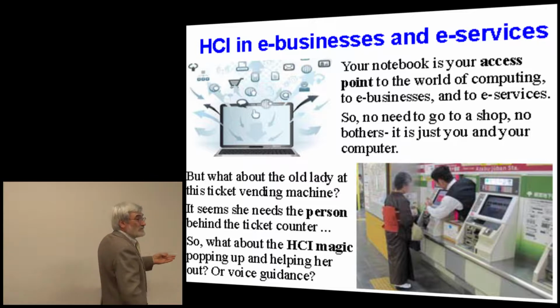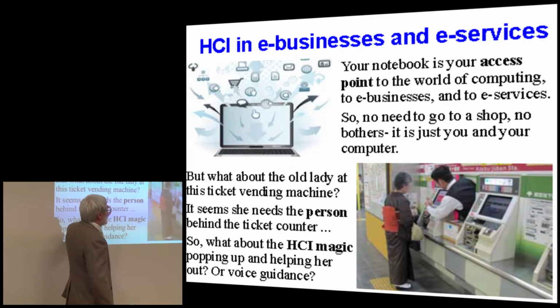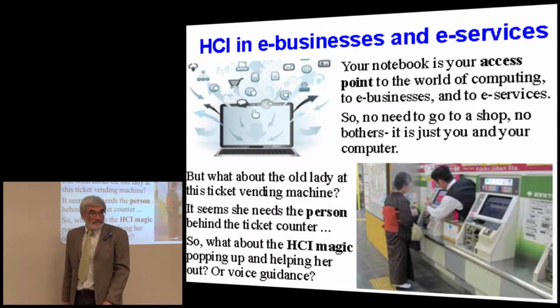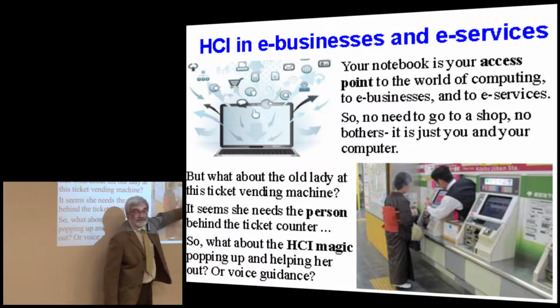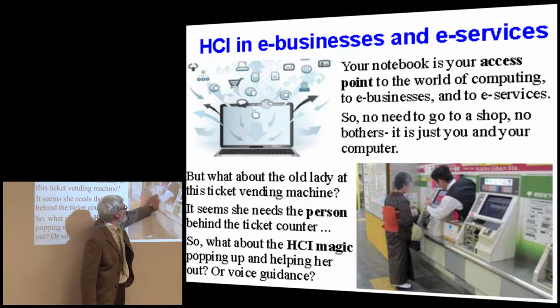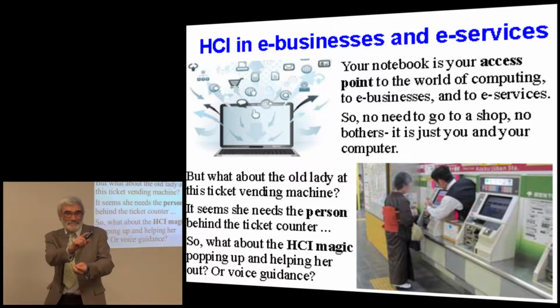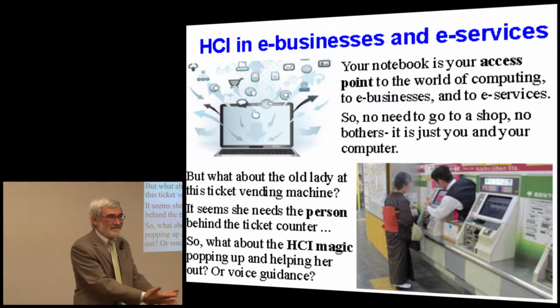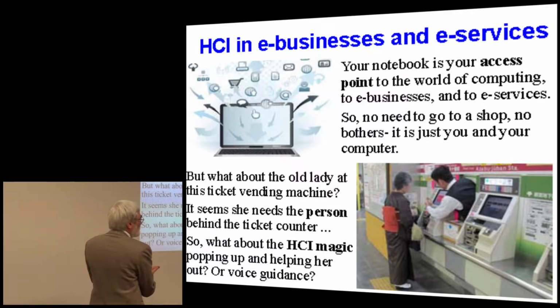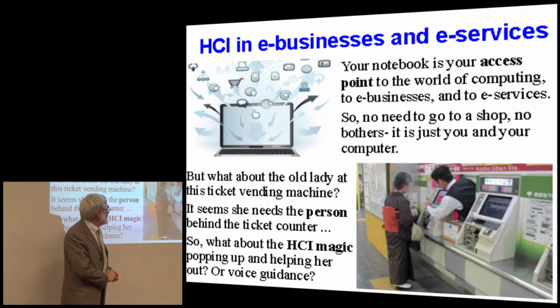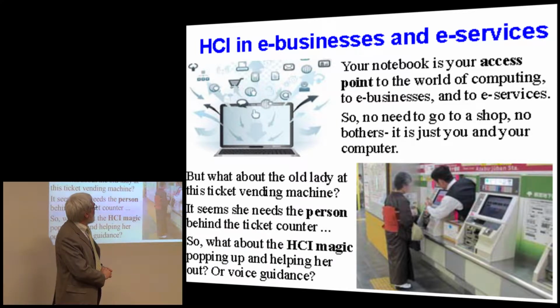And here is what she wants to have. Somebody helping her. This is not real. This guy is not there. But that's the way she wants somebody to show up and to push the buttons for her and get her the ticket. She wants to see the old-fashioned guy there behind the counter. But there is no counter already, just machines.